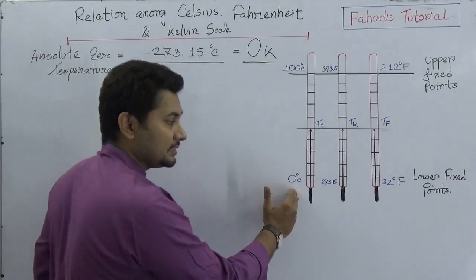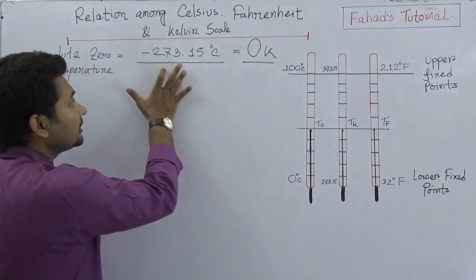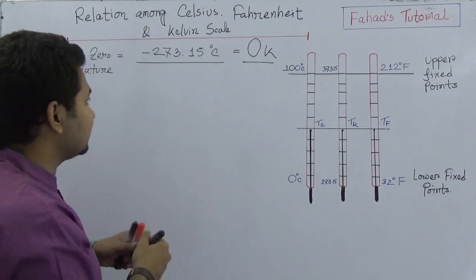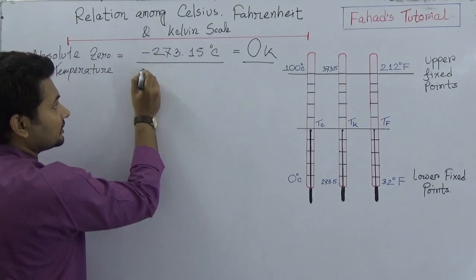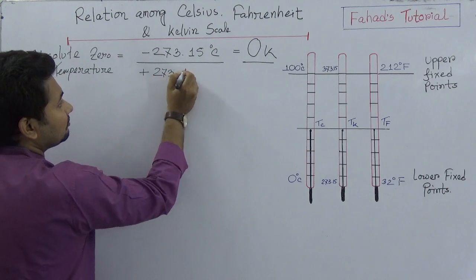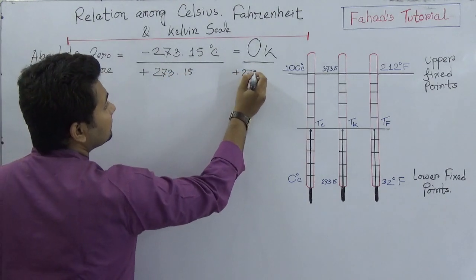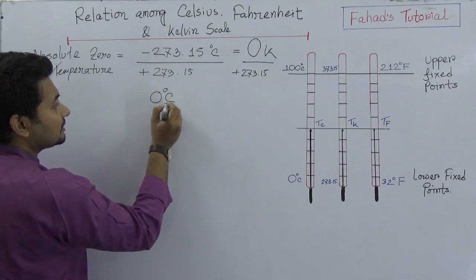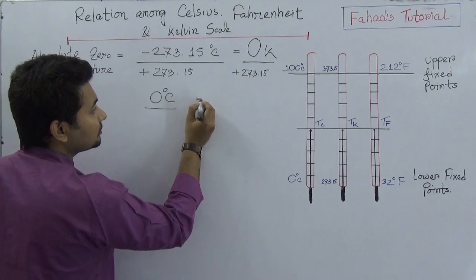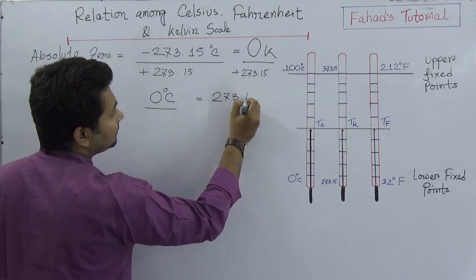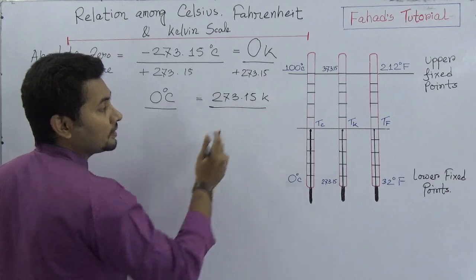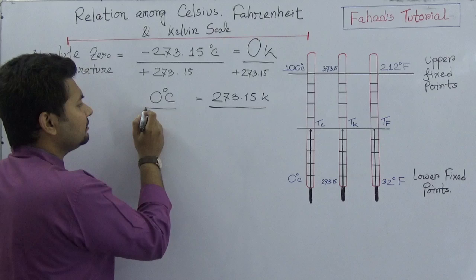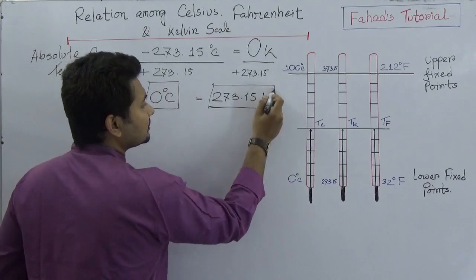In case of Celsius and Kelvin, think about it: if I add 273.15 to both, then we will find what? It will be 0 degrees Celsius and it would be 273.15 Kelvin.